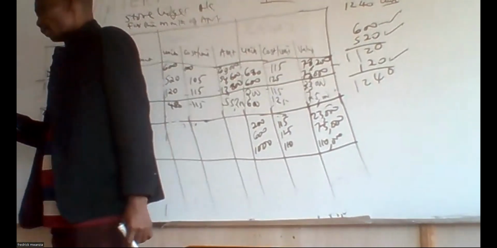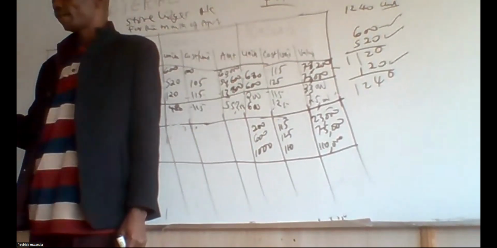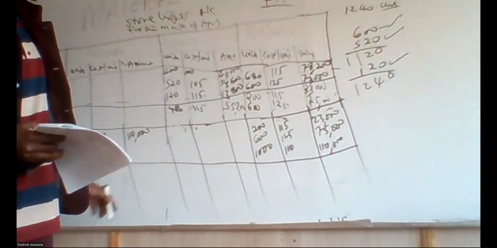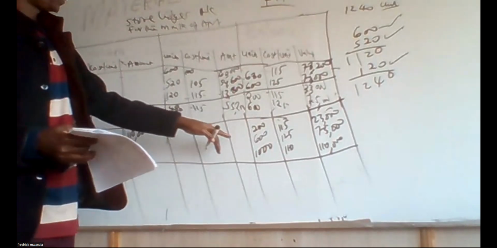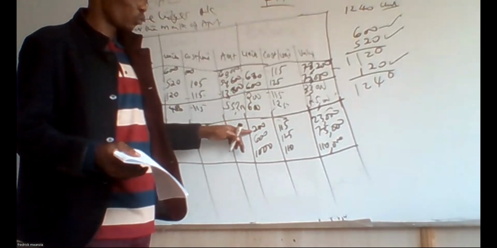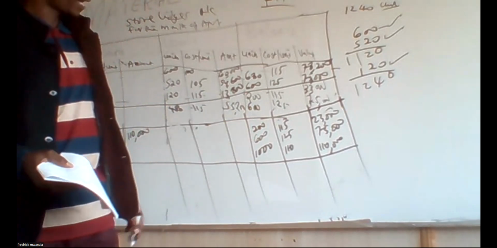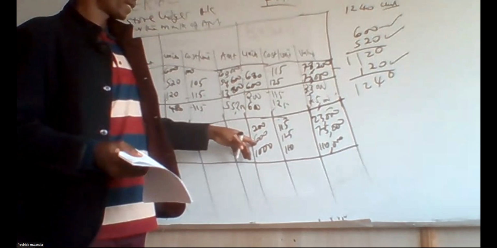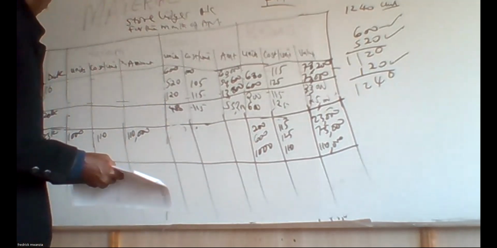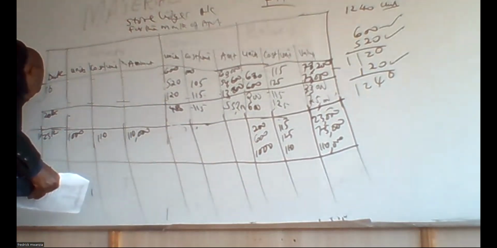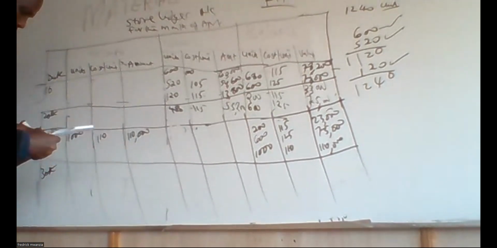Then eventually on the last day, issue 760. Now for 760, we just have to go by what we had. We had 200, the first has to go out first. Then 200 plus 600, so it means that we are not going to exhaust the second consignment. So on the 30th, we issue the first one first.